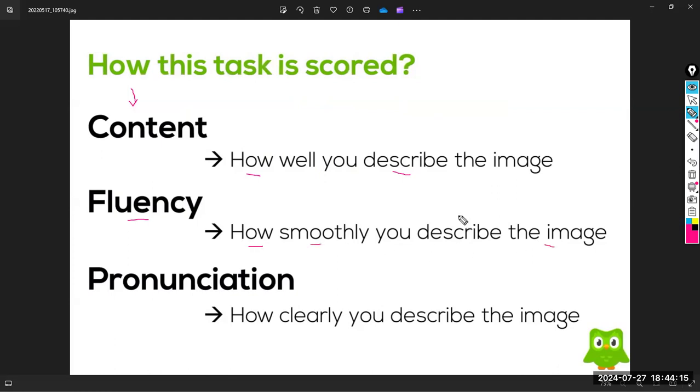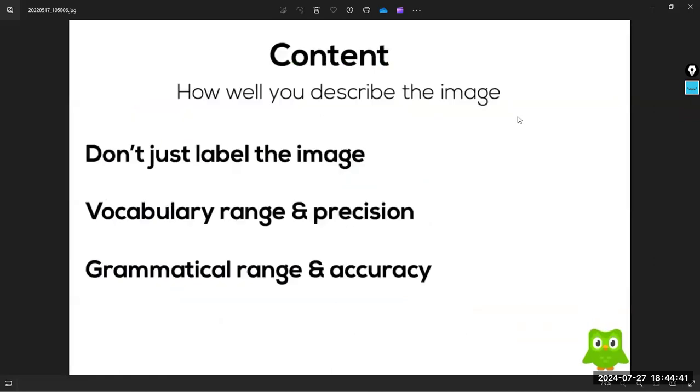The meaning of smoothly is how to move from a certain idea to another idea. I'm going to show you and explain everything. The pronunciation is extremely important. You have to practice saying the vocab correctly because sometimes I mispronounce certain vocab. It's something wrong because pronunciation is extremely important. So how clearly you describe the image. So please, you have to keep these three things into your consideration.